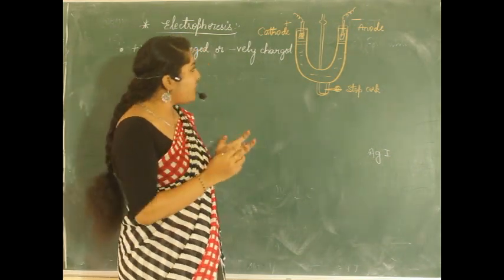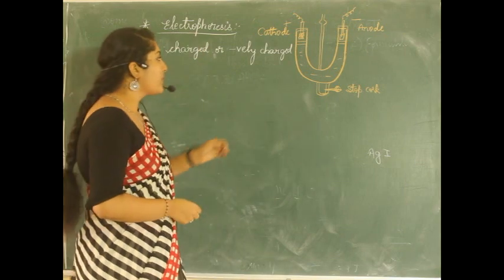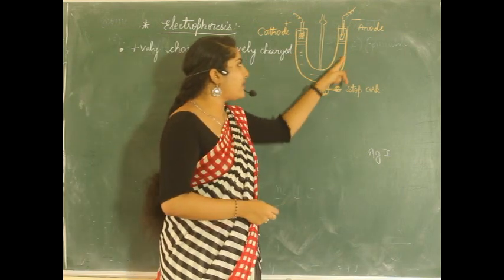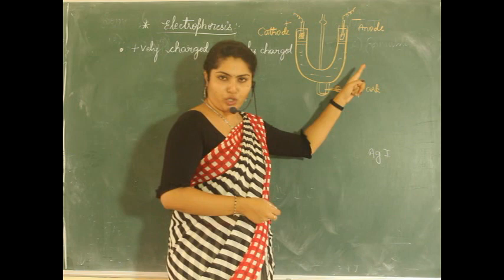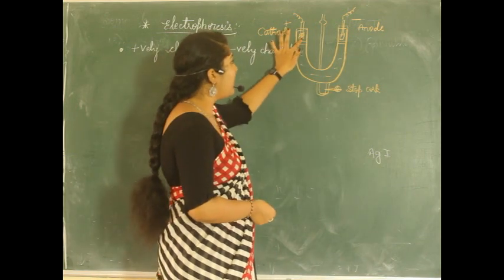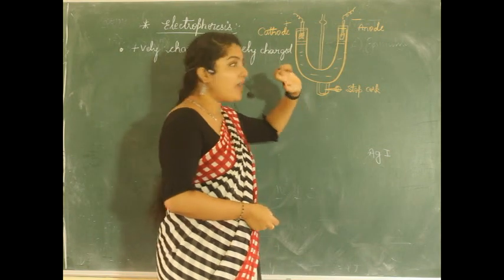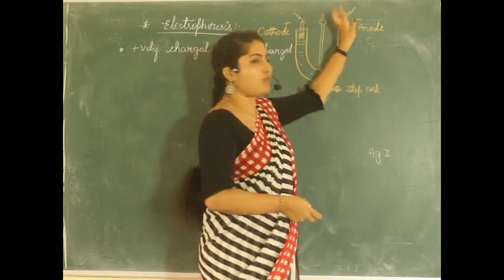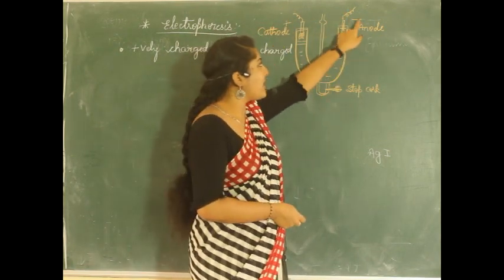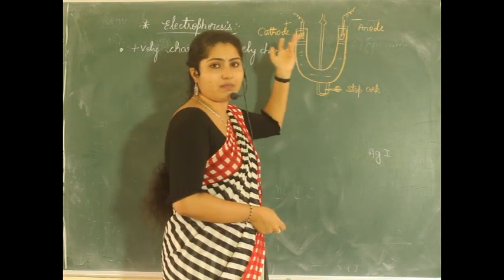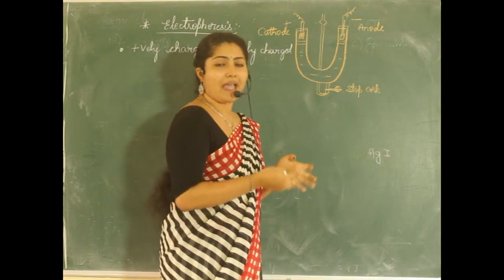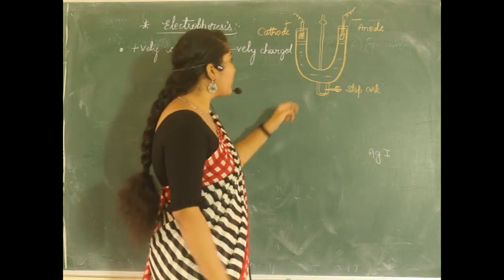Now let me explain the setup of this. This apparatus contains a U-shaped tube where two electrodes are taken, usually platinum electrodes, and they are externally connected to the circuit. One is a negatively charged electrode and the other one is a positively charged electrode, cathode and anode.